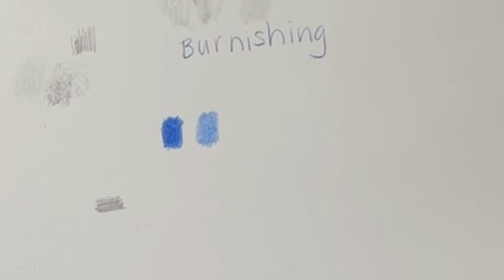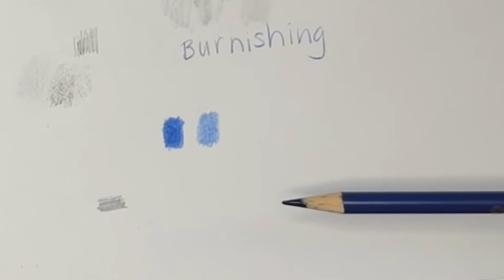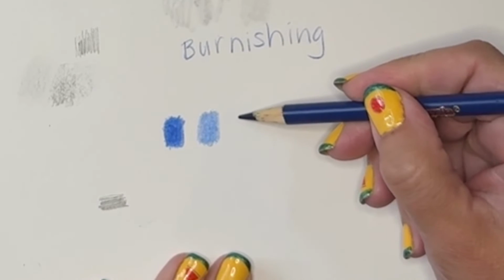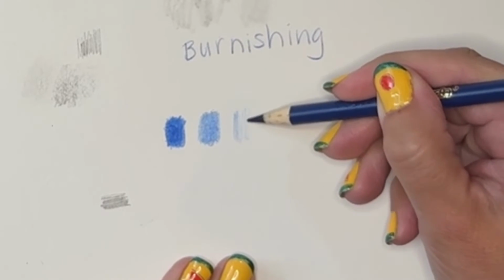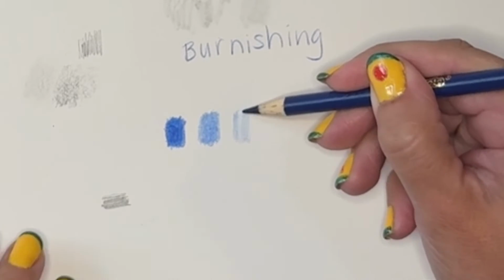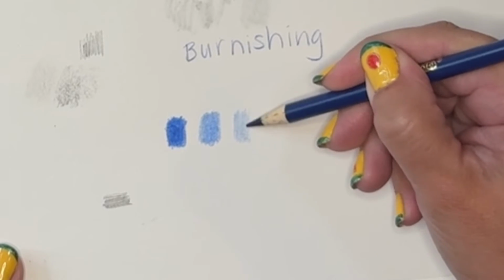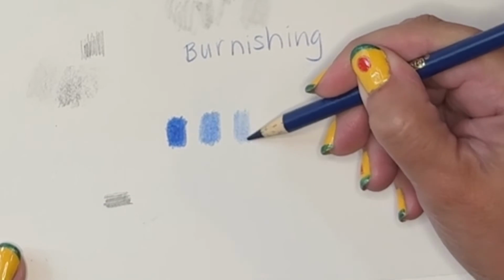And another way to burnish is by choosing another color to layer it with and burnish with. And that depends on sort of what your aim is. So let's say I want a really, really light blue, and that got too dark when I added the colorless blender. I may want to burnish it with a white.